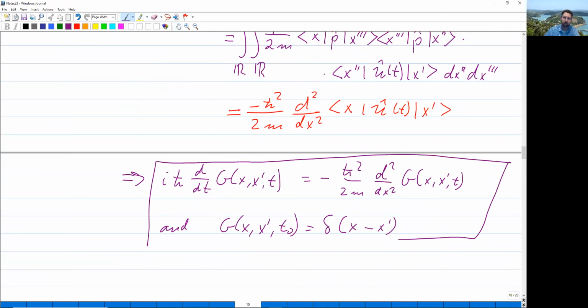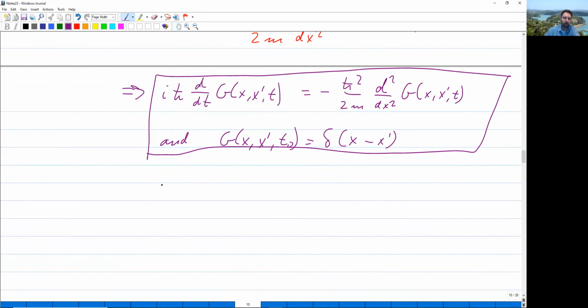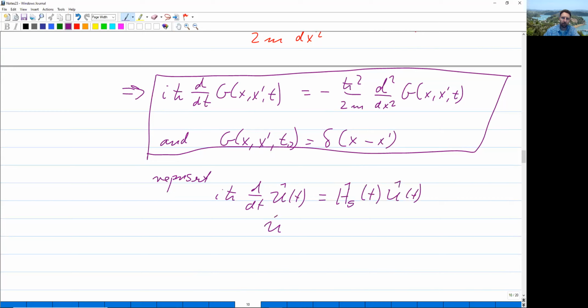These two represent i h bar d by dt u hat of t equal to h hat Schrodinger of t u hat of t, and u hat of t naught equal to 1 in the x basis. Now, this was for the special case where the Hamiltonian was the Hamiltonian for a free particle.